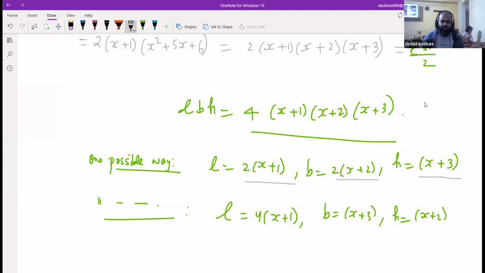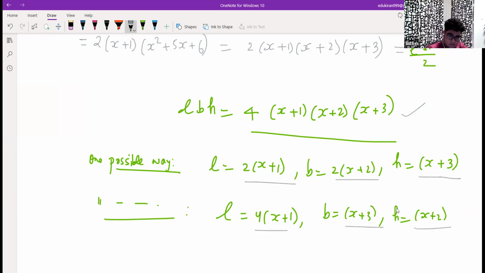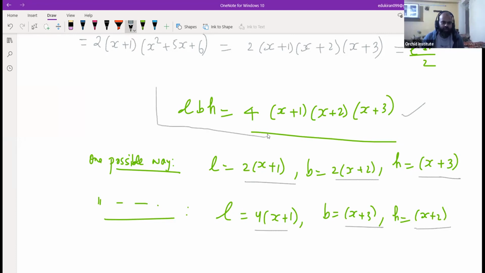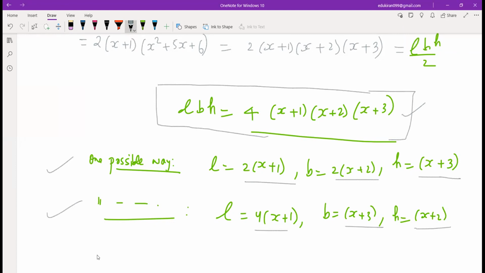That will also give you this term, 4x plus 1 into x plus 3 into x plus 2. This will also give the final answer. There are many ways you can say that this expression can be assigned different values of L, B, H. You can give these two ways and write that there are many other possible ways.